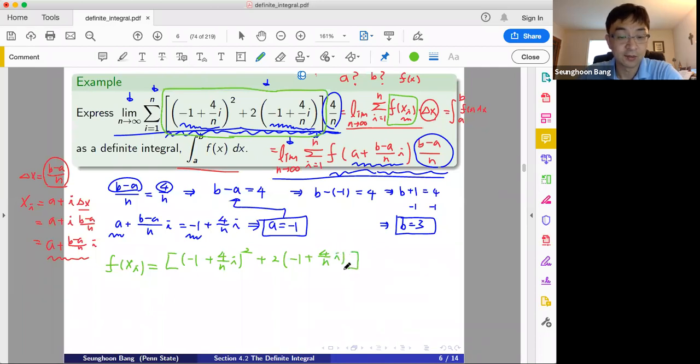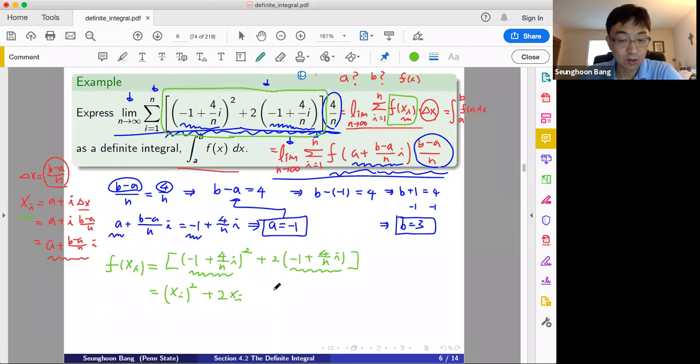So like this. Let me see. Was it minus 1 plus 4 over n times i? Exactly the same as here, xi. That's right. This is xi here. You can replace it by xi, which is the same as xi squared plus, this is also xi, 2 times xi.